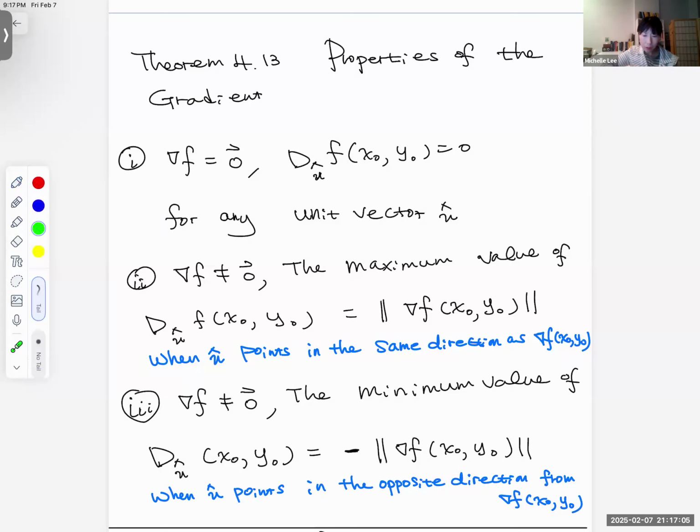If the gradient equals the 0 vector, then the directional derivative is 0.